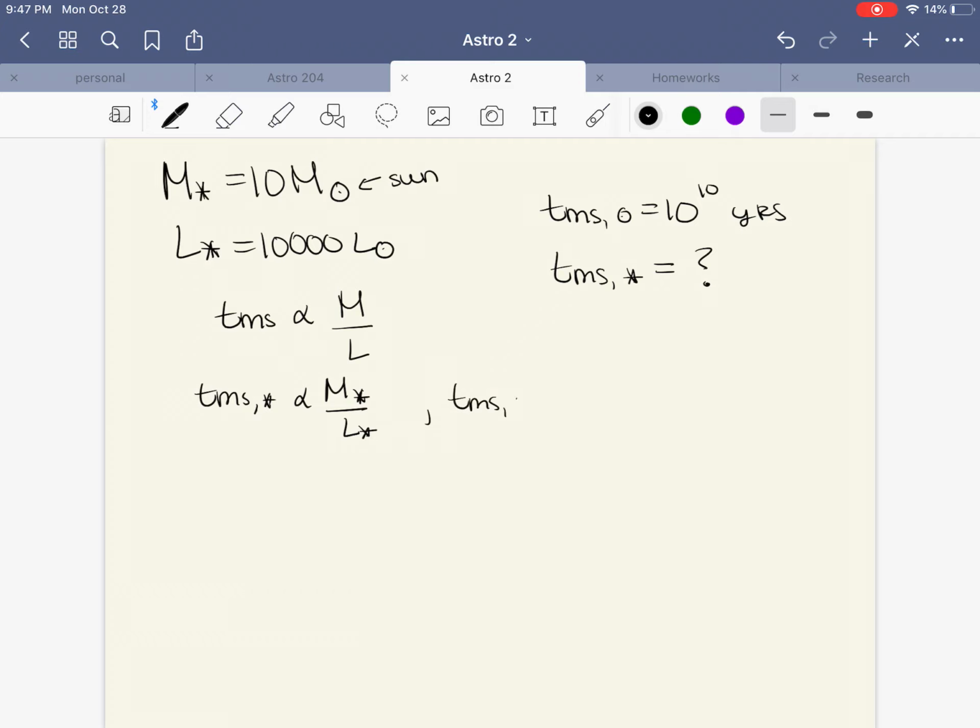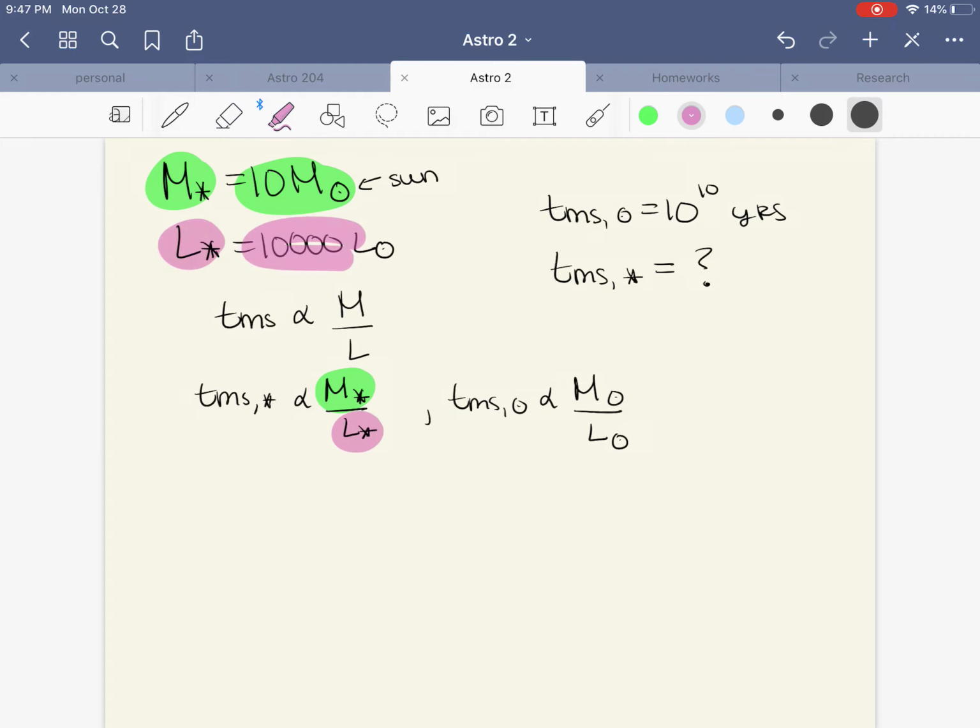Time on the main sequence for the sun is proportional to mass of the sun over luminosity of the sun. Now I'm going to do my substitutions for this star. Got that the mass is 10 times the mass of the sun and the luminosity is 10,000 times the luminosity of the sun.